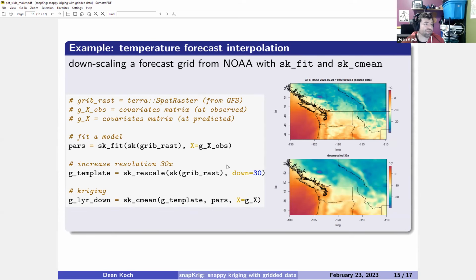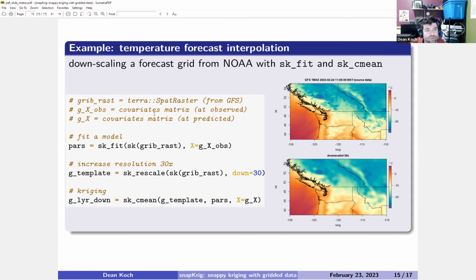And I fetched this from the National Oceanic and Atmospheric Administration's global forecast model called the GFS. And this is actually the forecast from this morning, and it's showing us the forecasted maximum temperature tomorrow at 11.